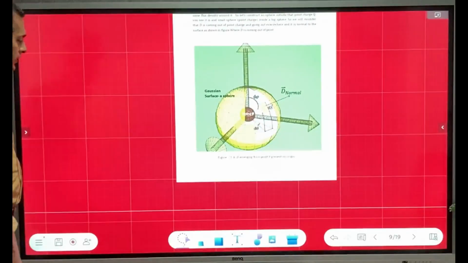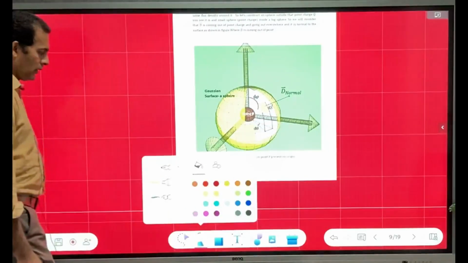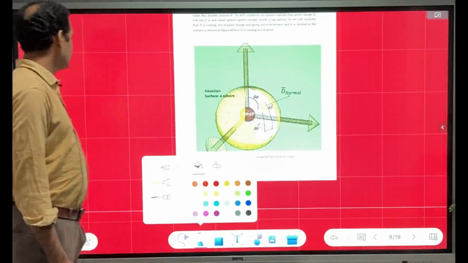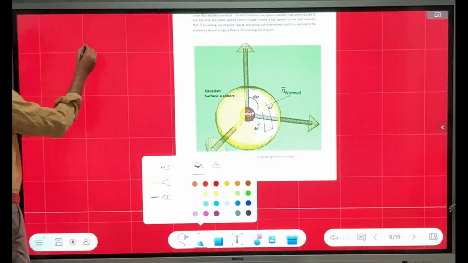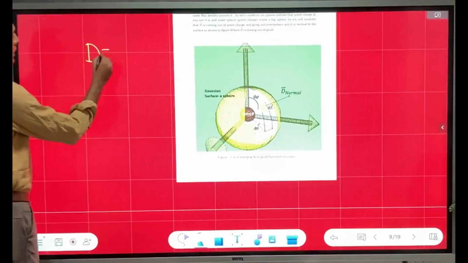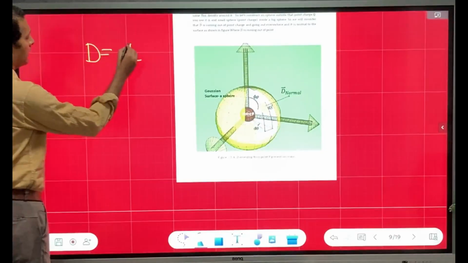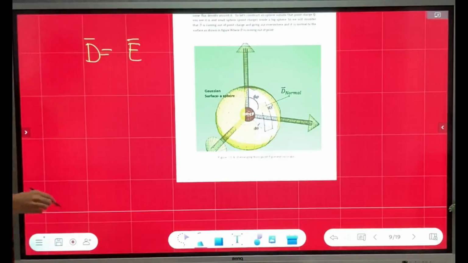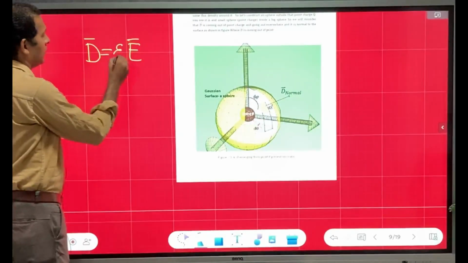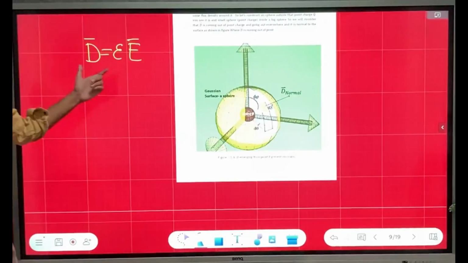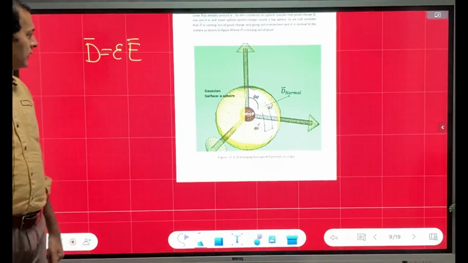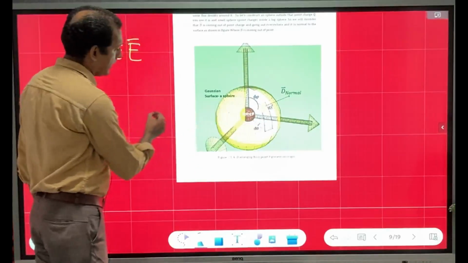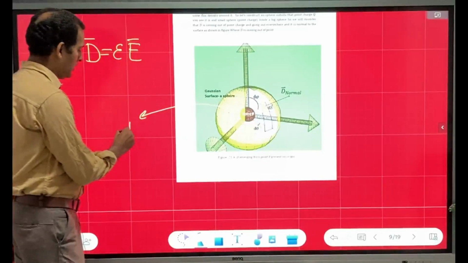As we know, there is a close relation between D and E: D bar is equal to epsilon E.